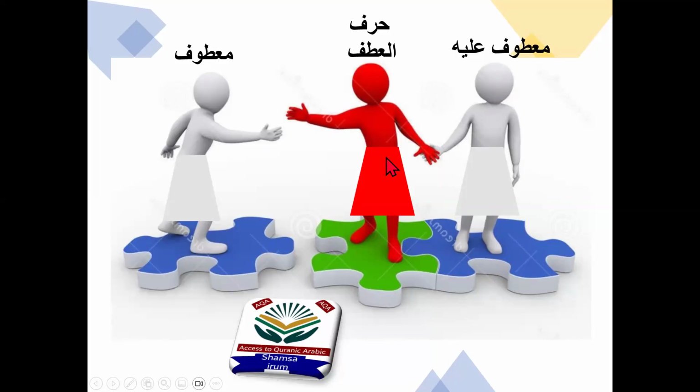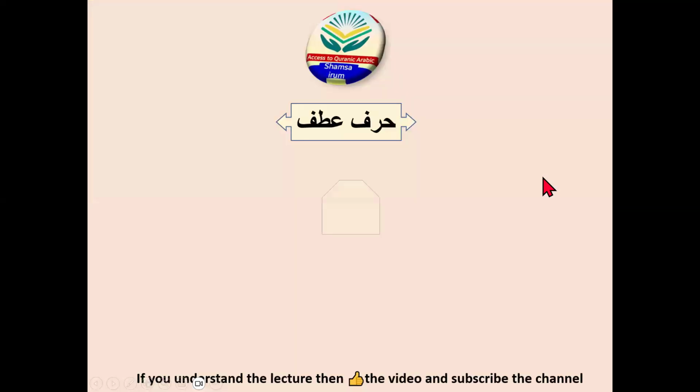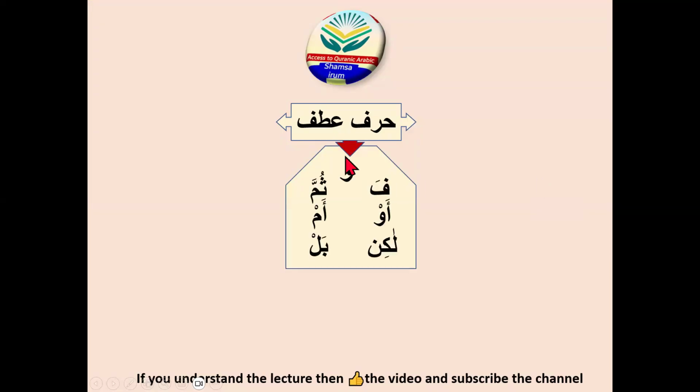I try to explain in an interesting way so that you can understand easily, inshallah ta'ala. So ma'tuf and ma'tufun alay are connected because of the harful atf. There is the list of the harful atf. I put the wa in the middle because I already explained that wa is the most important conjunction, the most important harful atf.